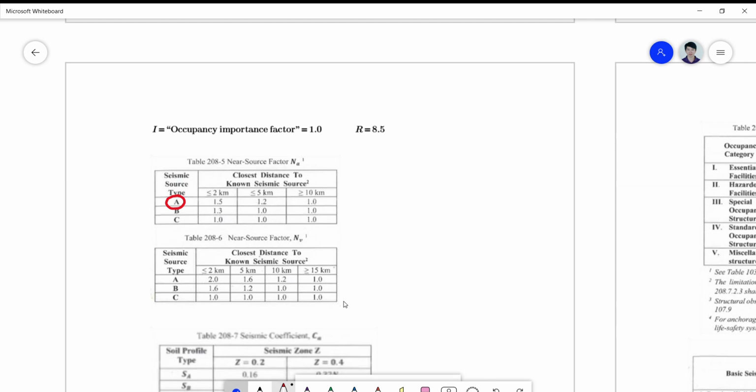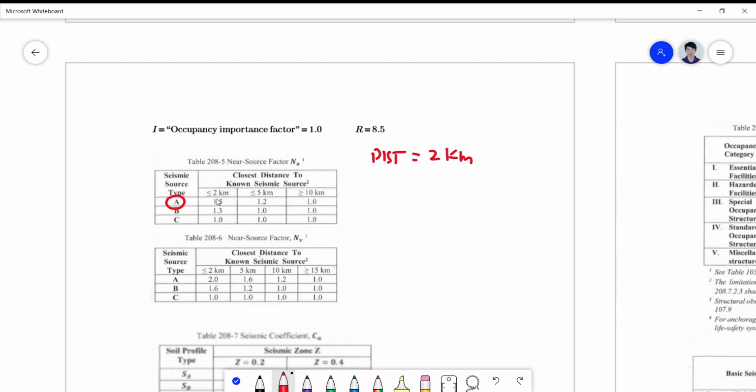So if I use 2 kilometers here, my distance is 2 kilometers. So I will be using 1.5 for NA. So NA is 1.5.